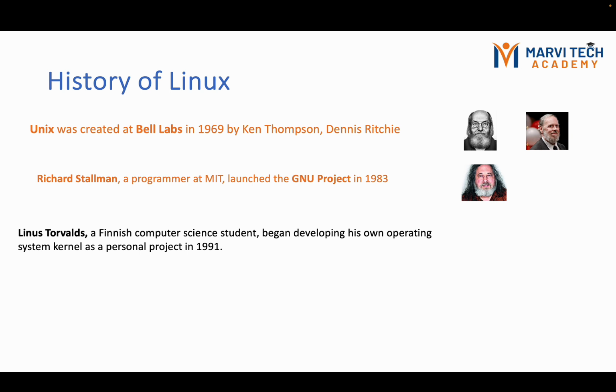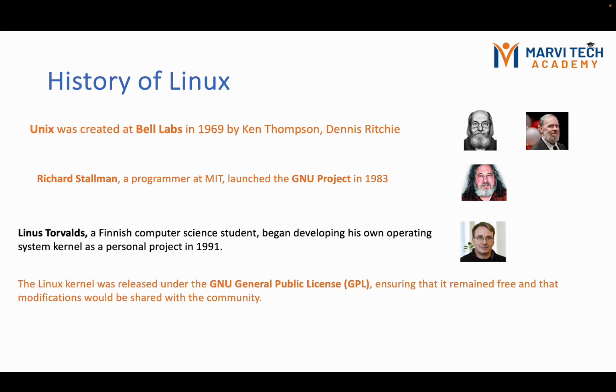On August 25, 1991, Torvalds announced this operating system as open source, and the first version of the Linux kernel, 0.01, was released on September 17, 1991. It was originally a hobby project but soon attracted the attention of the global developer community and everyone started using it.